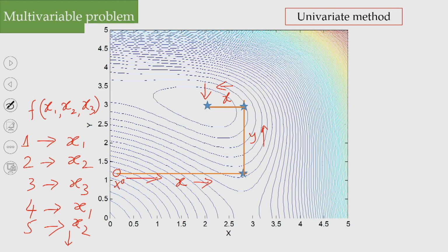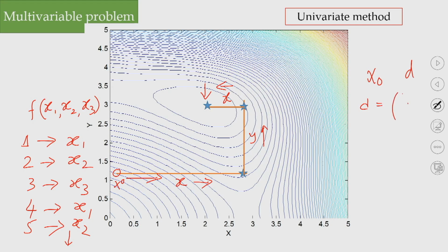You are taking an initial point, x naught, and I will start my algorithm from x naught. What you need is a direction. Now, how to define a direction? If I say the direction is 1 0, that means you are going along the x direction.